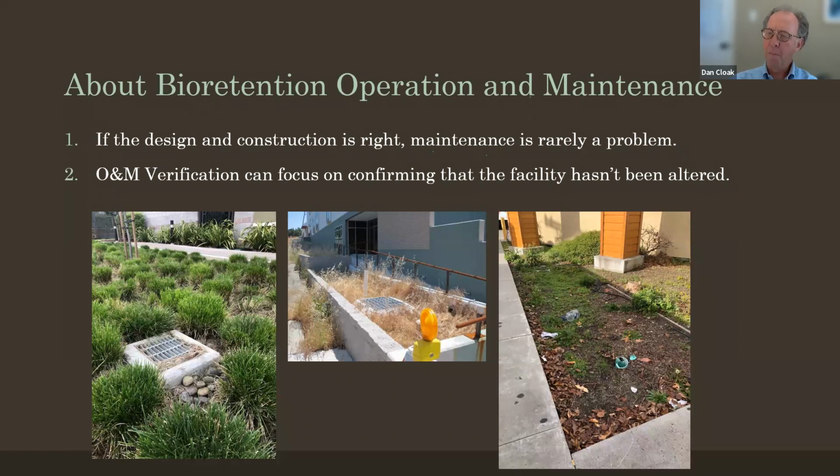And if it is a problem, it is easy and straightforward to correct and usually involves maintaining the vegetation. On the flip side, if the facility is not installed correctly and there's a problem with it, there's often practically nothing you can do to fix it. And so you end up going back and inspecting year after year, or however often your maintenance cycle is.